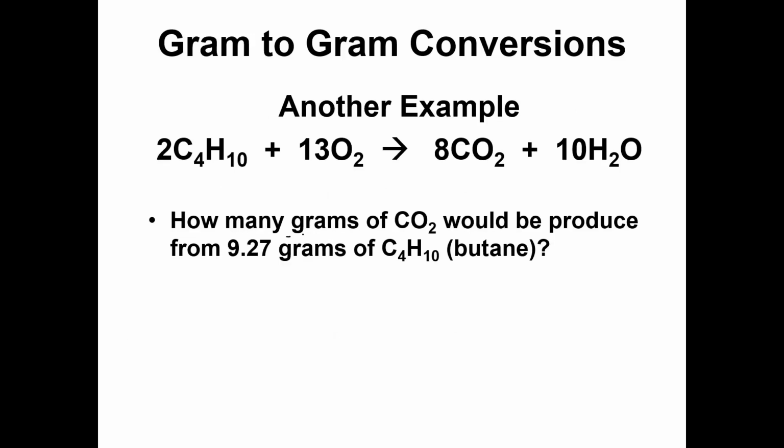Again, how many grams of CO2 would be produced from 9.27 grams of C4H10? So this is grams to grams. It's going to be a gram to gram conversion. We have butane and we have carbon dioxide. So let's look at the periodic table real quick and figure out what the molecular weights are of each of these.